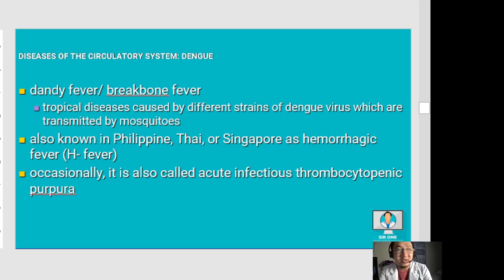Years ago, maybe more than a decade ago, it's called H fever. And occasionally, it's also called acute infectious thrombocytopenic purpura, because one of its effects is it decreases platelets. Okay? And purpura because of its characteristic sign of Hermann's, called Hermann's sign, which produces pinpoint rashes.